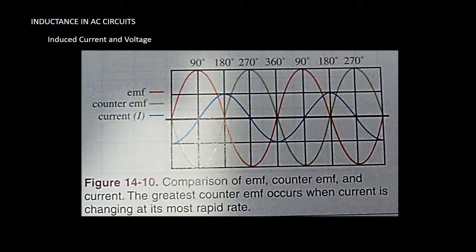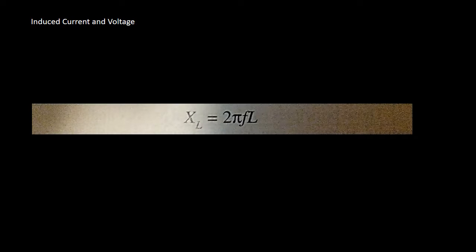The magnitude of the reactive force opposing the flow of AC is measured in ohms. It can be calculated mathematically using the following equation: XL equals 2 pi FL, where XL equals inductive reactance in ohms, F equals frequency in hertz, L equals inductance in henries, and pi is approximately 3.1416.